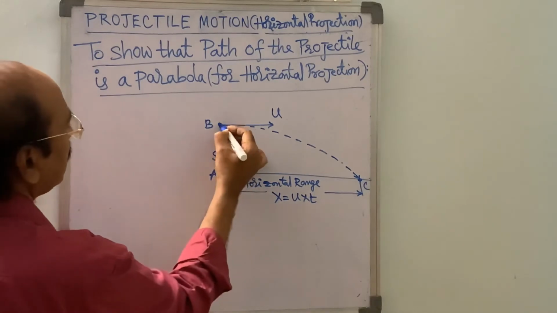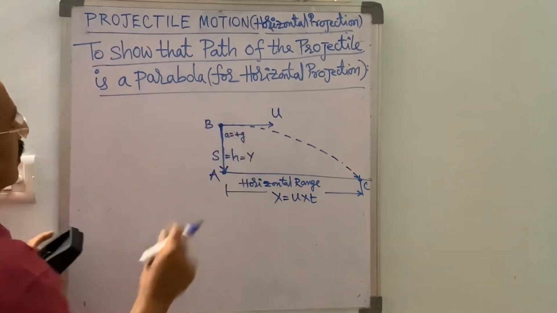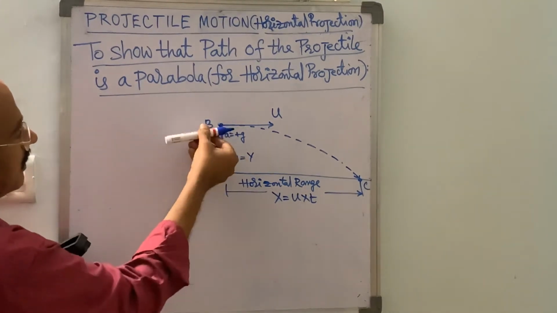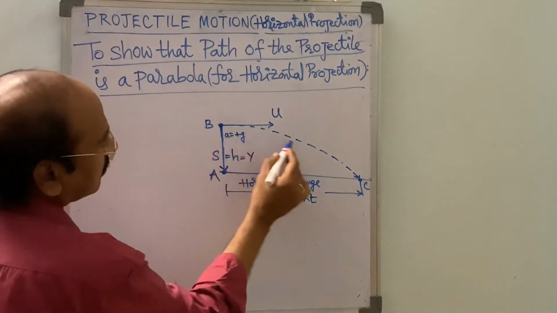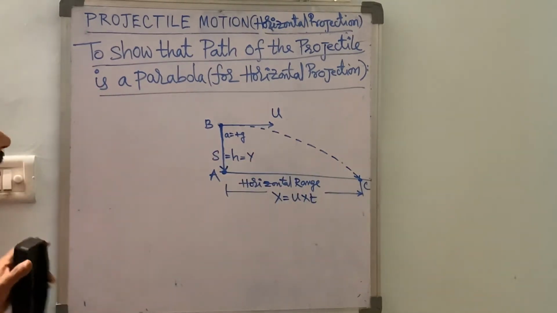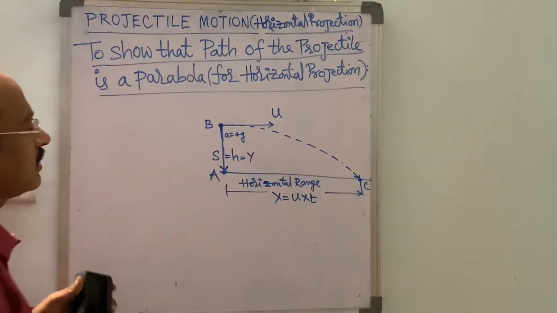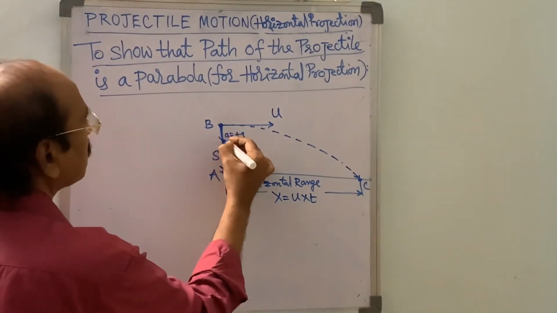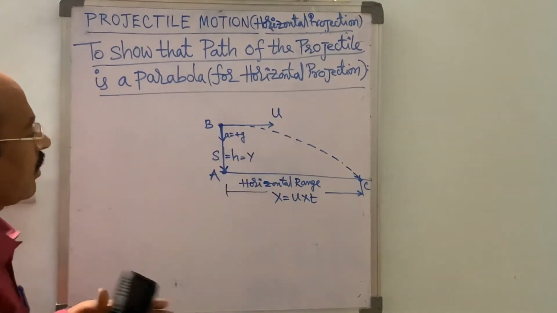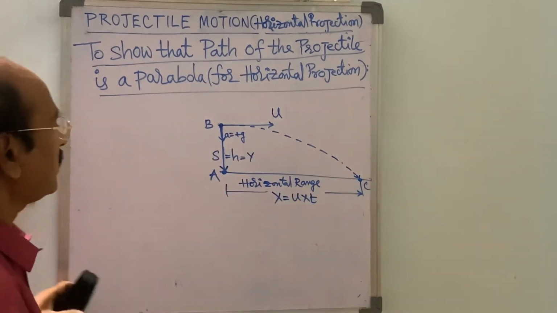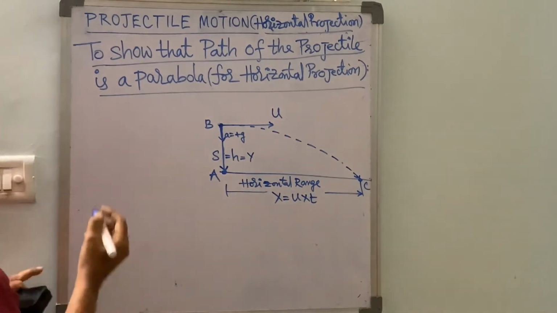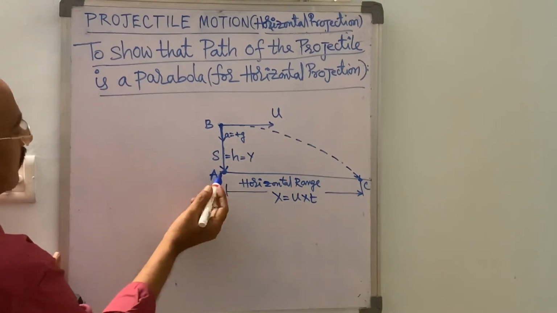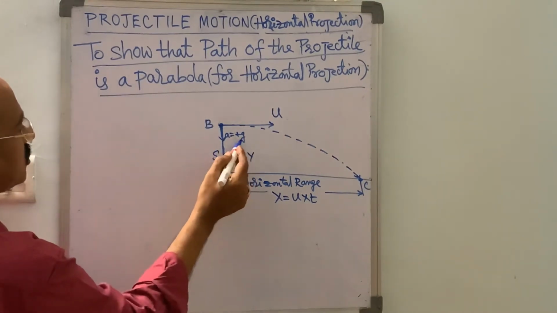So consider a body of mass or any particle from B. When it is projected in the horizontal direction, as it moves in the forward direction, its height gradually decreases because gravitation acts vertically downwards. Therefore, when it reaches the point C, it touches the ground. So in the vertical direction only g acts.